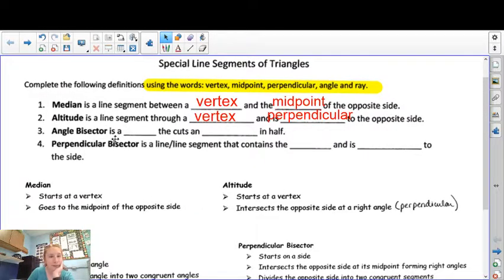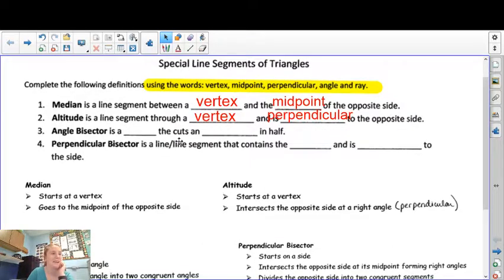An angle bisector is a blank that cuts an blank in half.